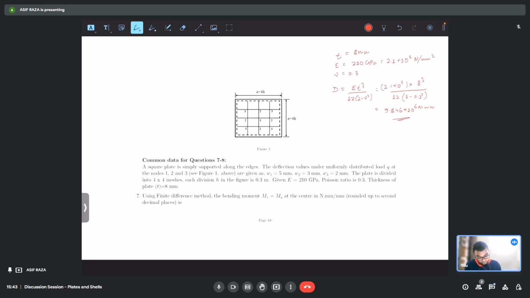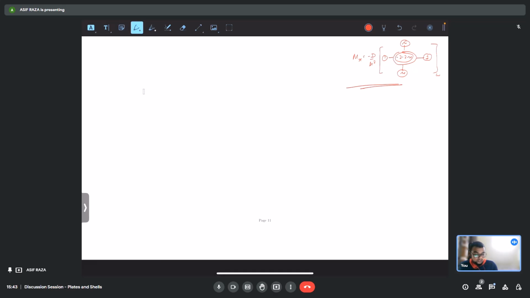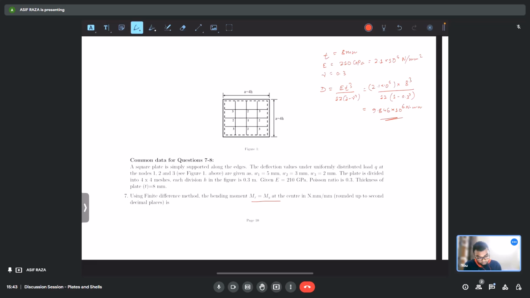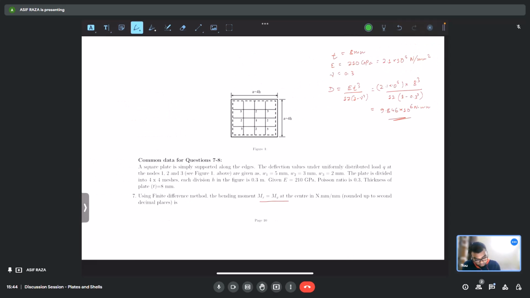Now we need to find the bending moment Mx at the center. Using the finite difference method, we have this. When we find this at node 1, we'll get minus D upon h square times, this would be w2, w2, this would be 1, this would be 2 and 2, right?